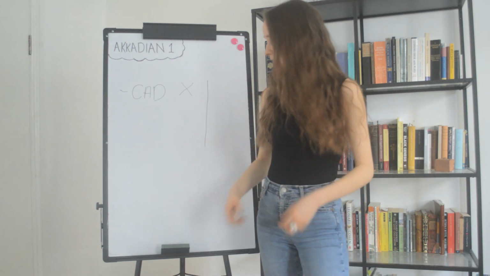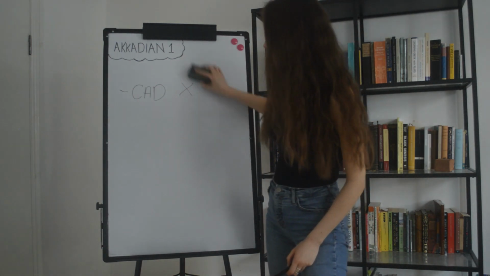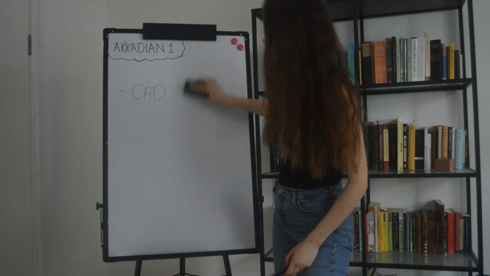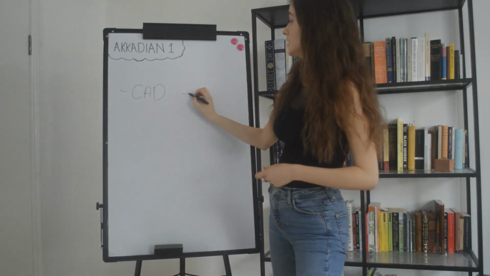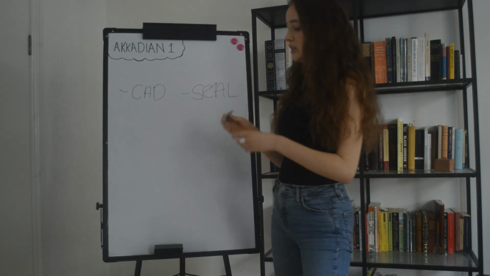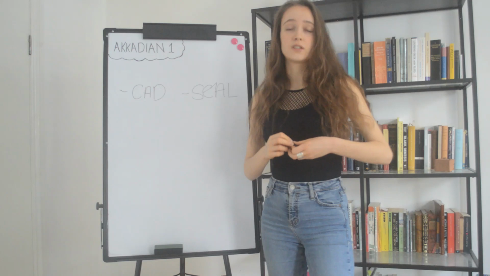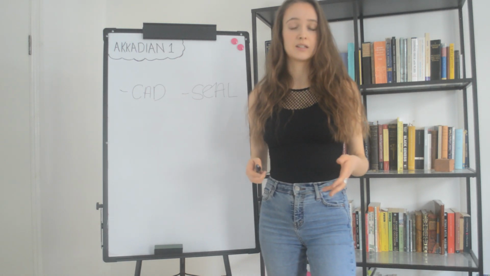And finally, online resources. There are quite a few, but most notably, the ones which are going to help you the most, I think, are things like SEAL. This is Sources of Early Akkadian Literature, and it is an online catalogue of 2nd and 3rd millennium BC cuneiform texts.